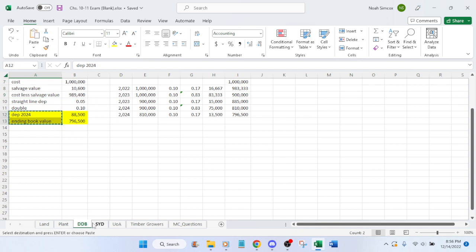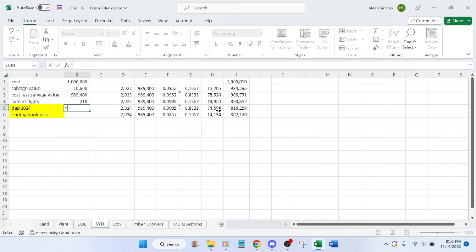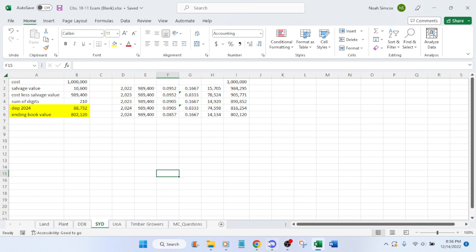So copy and paste these, and depreciation from 2024 is equal to the sum of these two, and the ending book value is equal to this. And is that the answer? So I got depreciation for 2024 is 88,732.